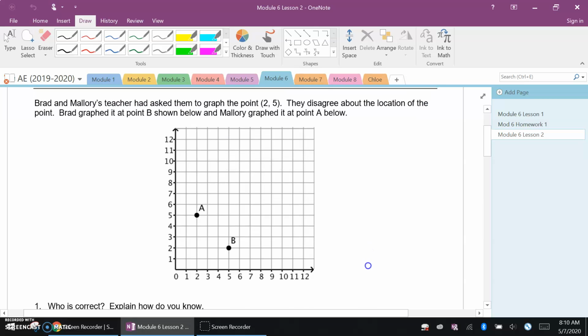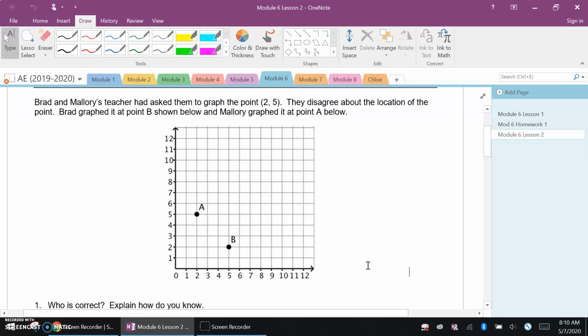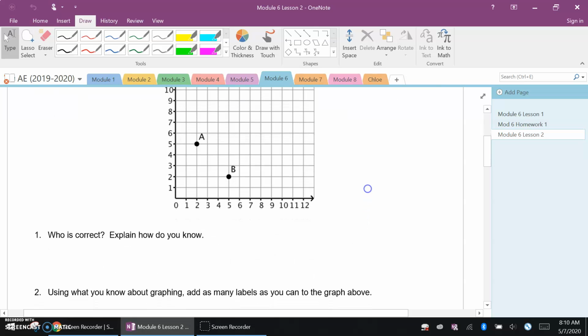Who is correct? So, if we look at the coordinate (2, 5), (2, 5) means that we start from the origin and move 2 spaces to the right and 5 spaces up.